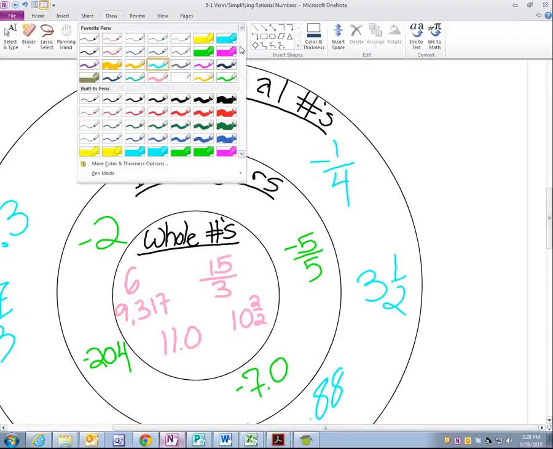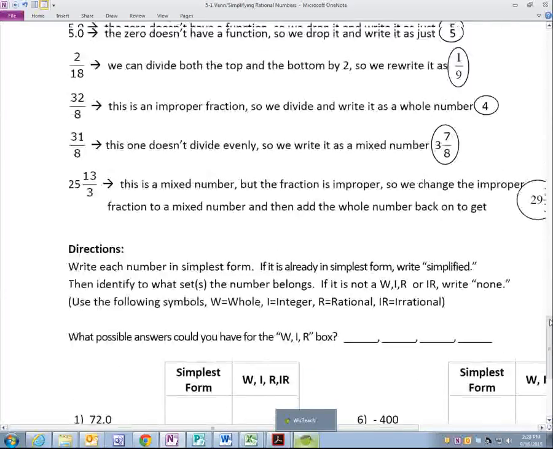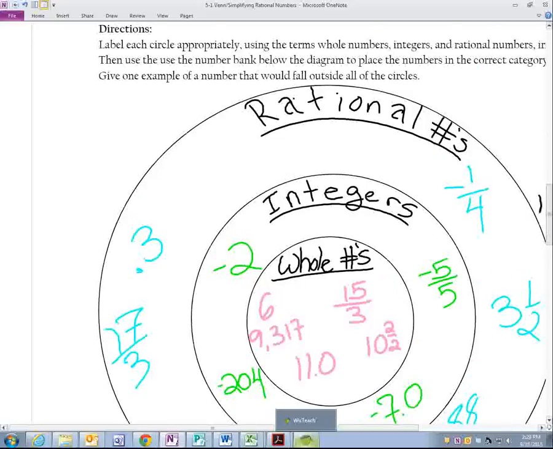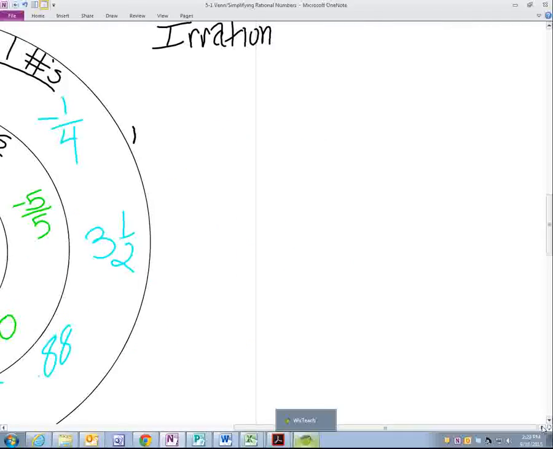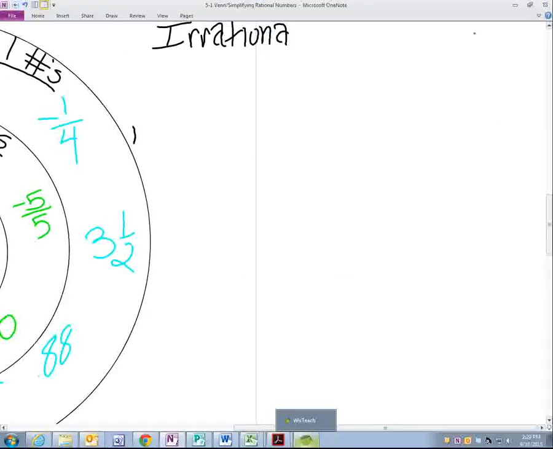These are the numbers that are so irrational we can't even have them in our circle of friends in this situation. So, irrational numbers.